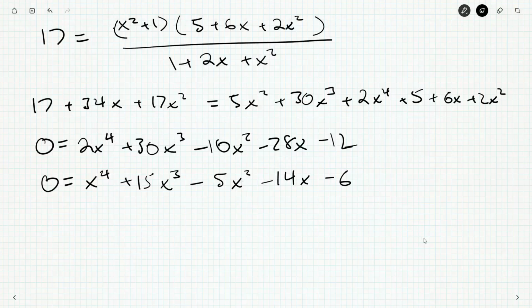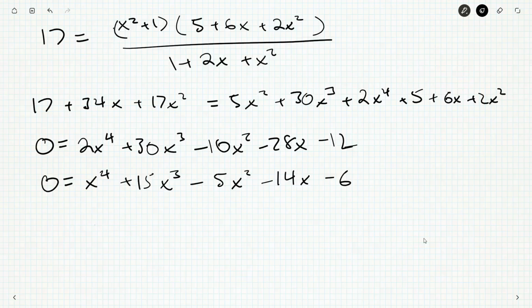X being negative 1, we get 1 minus 15 minus 5 plus 14 minus 6. No, that's out the window. We'll try 1. So that'd be 1 plus 15, so that's 16. Minus 5, that's 11.